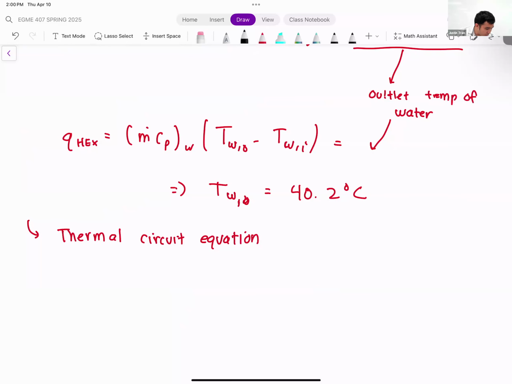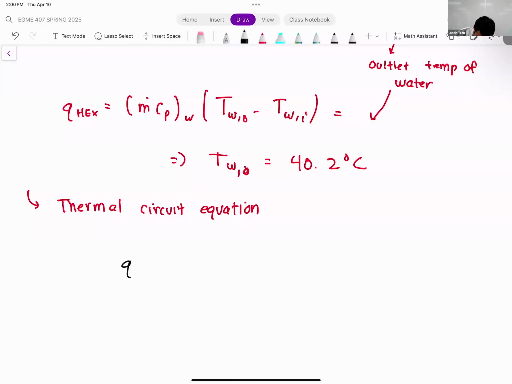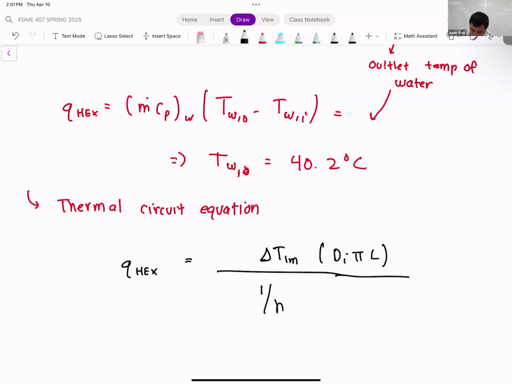Let me go back, switch from red. We know that Q hex is equal to delta T log mean times, let me bring that surface area up top, Di times pi times the length, divided by 1 over h of the water plus 1 over h of the oil.